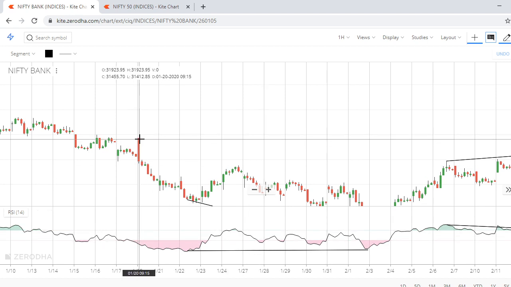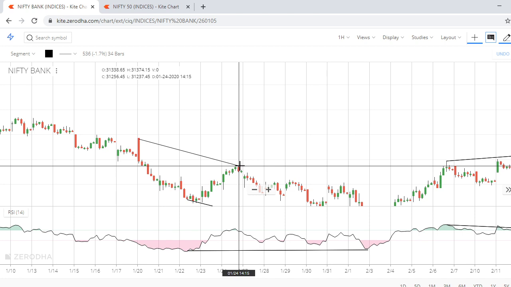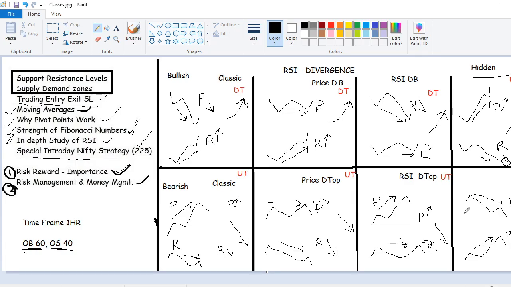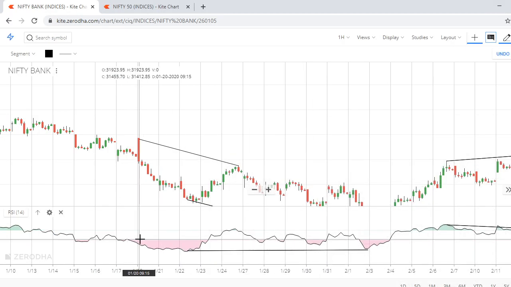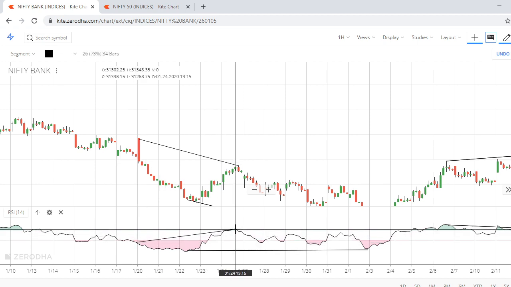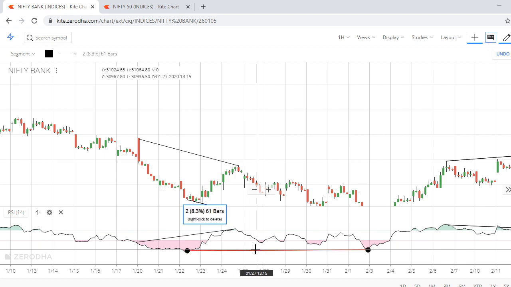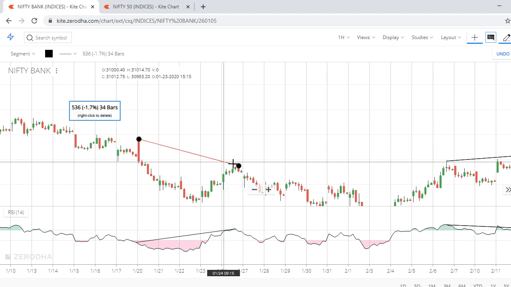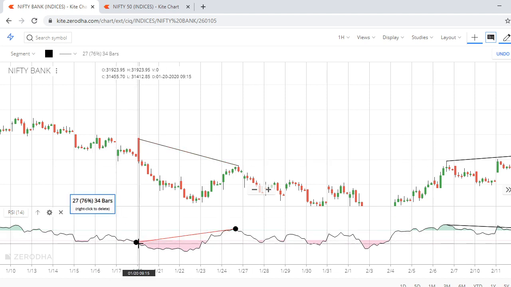See, the price is making a new low. That's what we discussed, right? Price is coming down. What about RSI? RSI at this candle is somewhere around this, and here it went up. If you look at this, price is coming down, but the RSI went up.